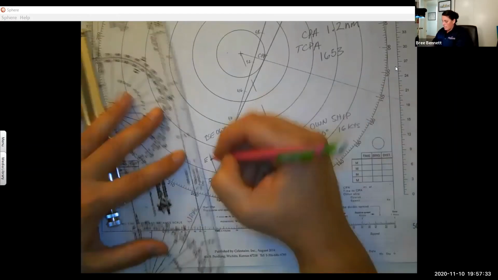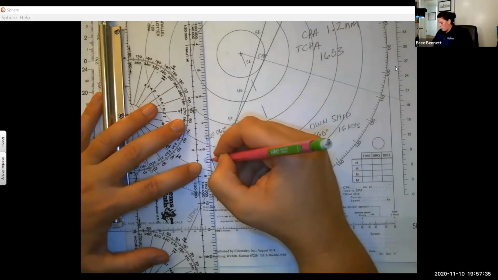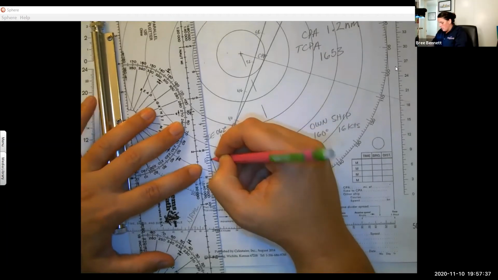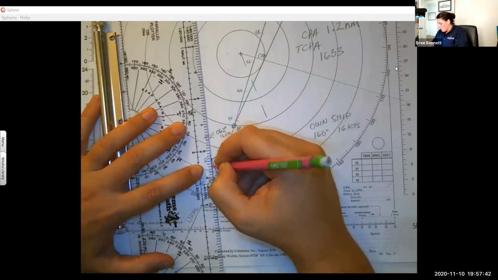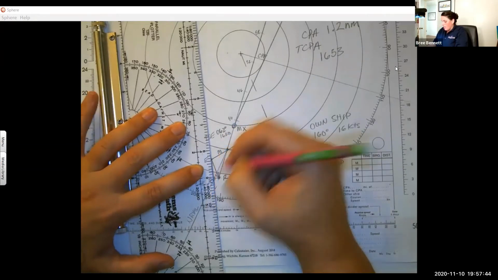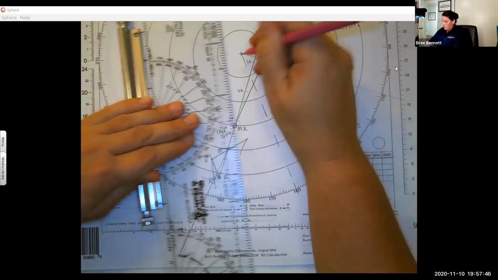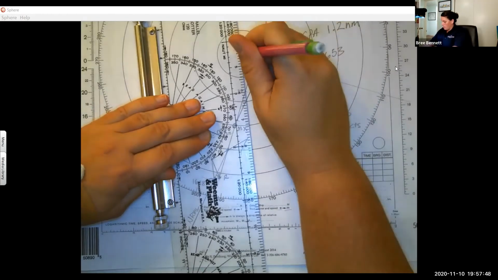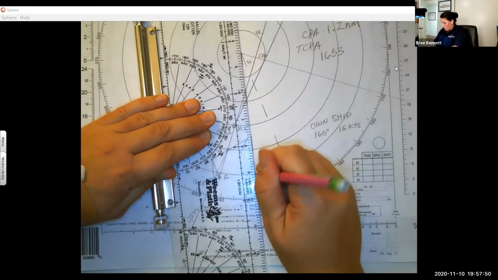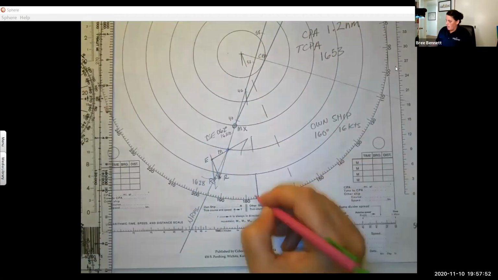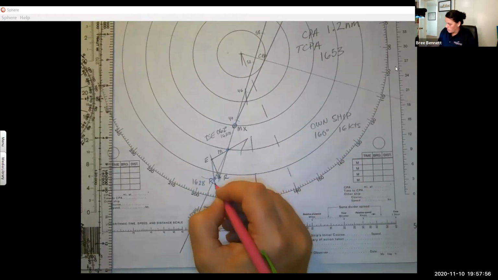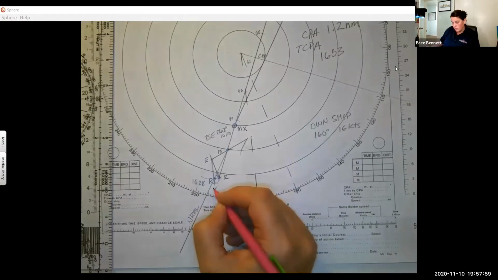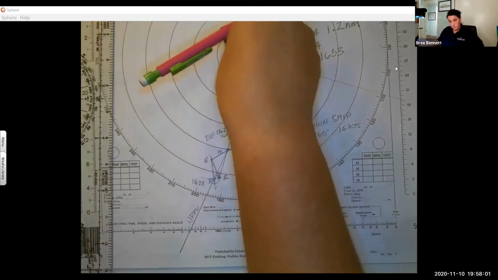So now I can connect my E to new R. Missed it a little bit there. There it is. I'm going to parallel that over so I can see what course it actually is. And I am going to change course. So I changed course here to starboard, right?